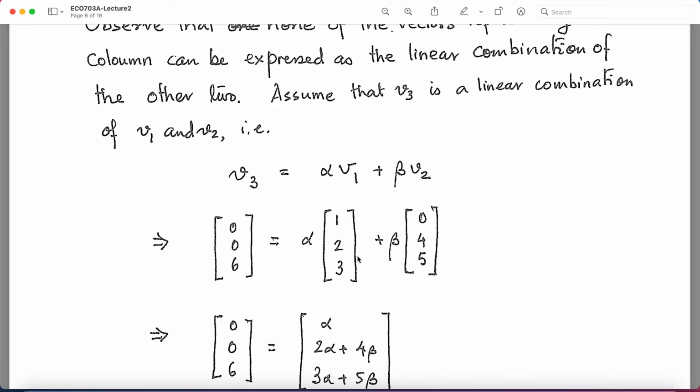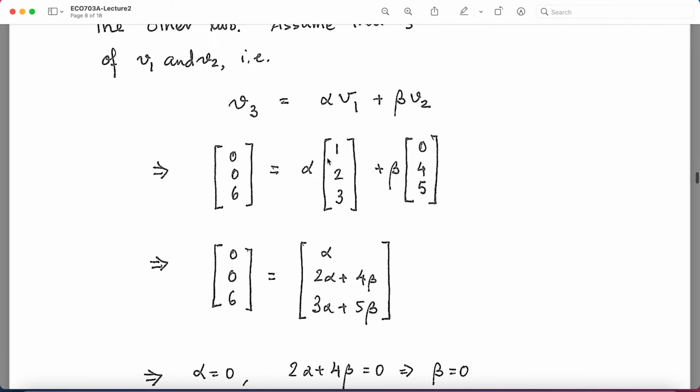Looking at it component-wise, I multiply by alpha to get alpha, 2 alpha, 3 alpha, and beta into 0, 0, 4 beta, 5 beta. Adding these two vectors, I get alpha, 2 alpha plus 0, alpha plus 4 beta, 3 alpha plus 5 beta, and this vector is the same as (0, 0, 6).